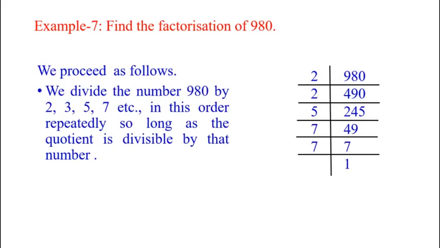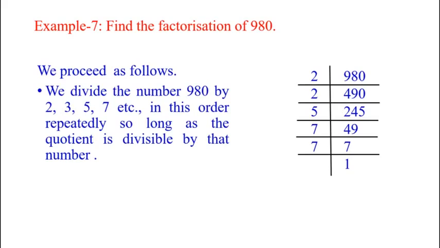Then the quotient will be 490. Again it is divisible by 2 and the quotient will be 245. And this is divisible by 5. Again the quotient will be 49. Again 49 will be divisible by 7. Then again 7 will be the quotient. Then 7 is divisible by 7 and the quotient will be 1.